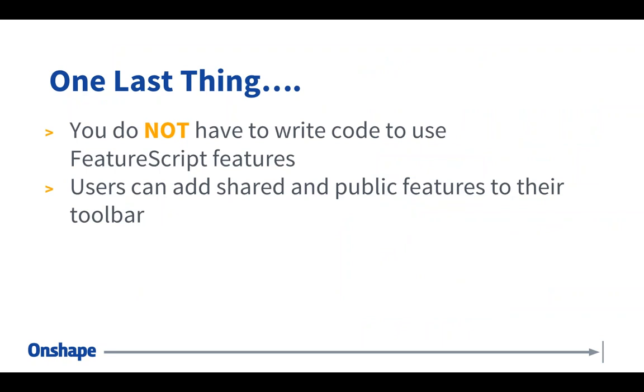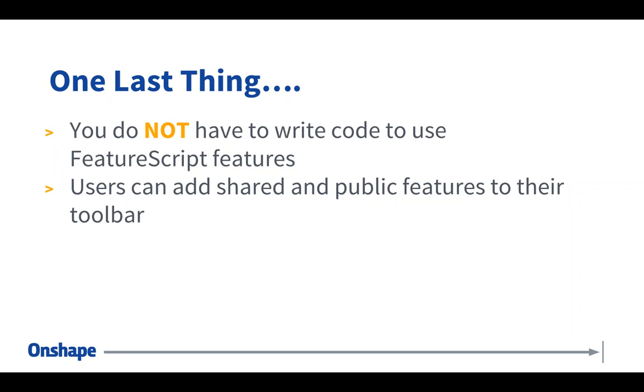Now, one last thing I want to point out is you do not have to write code to use the features. And that's a very important thing when you consider who else may be using your code. So maybe you're writing a feature, but you want to be able to distribute it. Maybe you want other users in your company to be able to access this feature. Any of them can access a shared feature. So as long as you shared your feature with those users, they can add it as an icon to their toolbar.